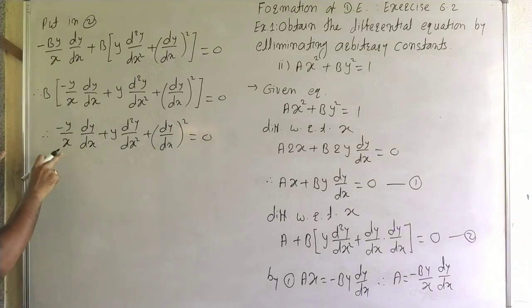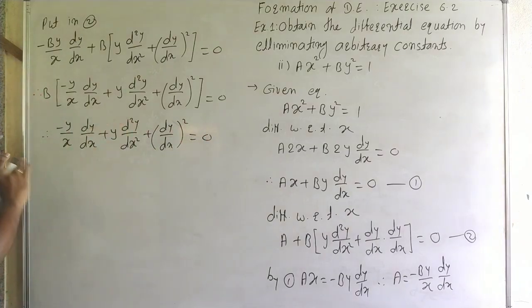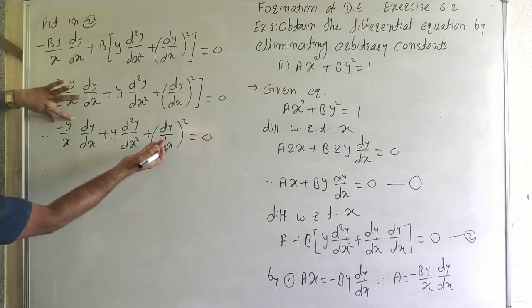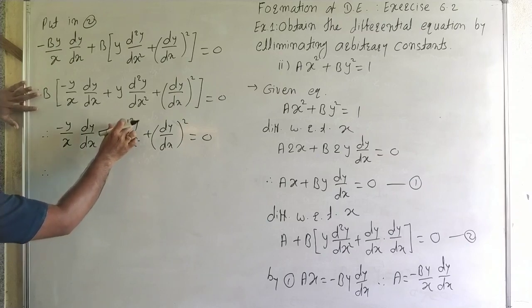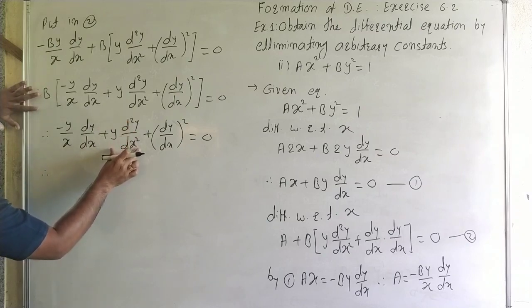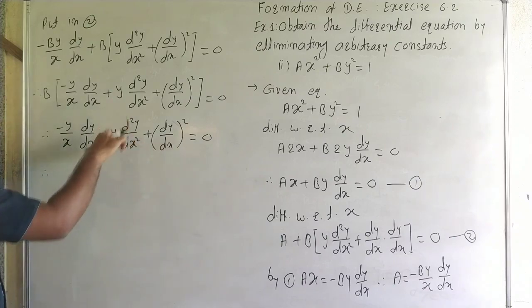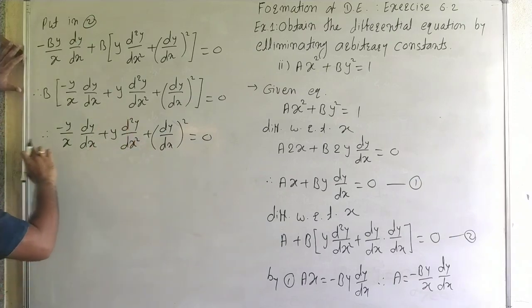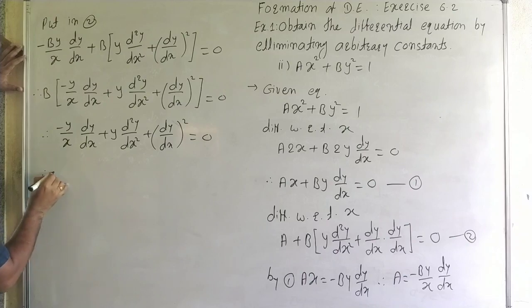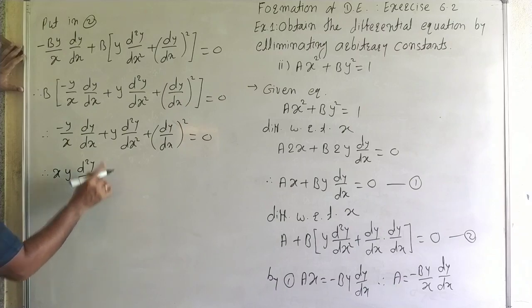Only here we arrange this by multiplying throughout by x, therefore see carefully. Here this minus term we can write in the second form. Here first we write the second order derivative, in the descending order of the differentiation. Here we multiply by x, therefore x into y d2y by dx2. See carefully this.